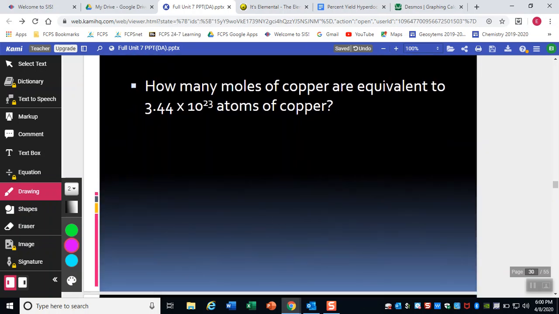All right, how many moles of copper are equivalent to this many atoms? So you start with what you're given. So 3.44 times 10 to the 23rd.